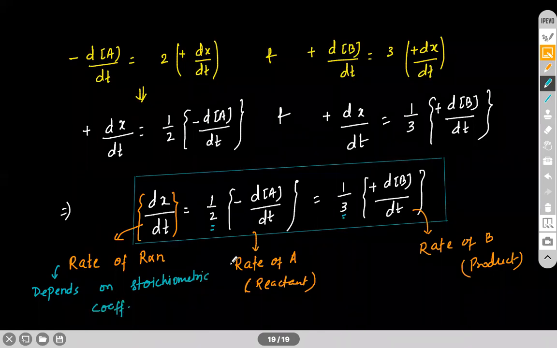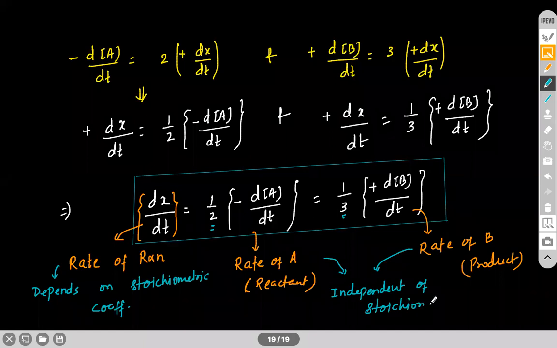But the rate of the individual species A and B are independent of the stoichiometric coefficient. How many of you understood this?